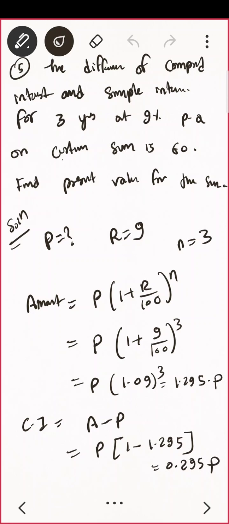Then we'll start with annuity. Again, in the same case, there may be some question where, as in this question, you want to find P, in some question you want to find R, in some question you want to find N, then also you can do that.